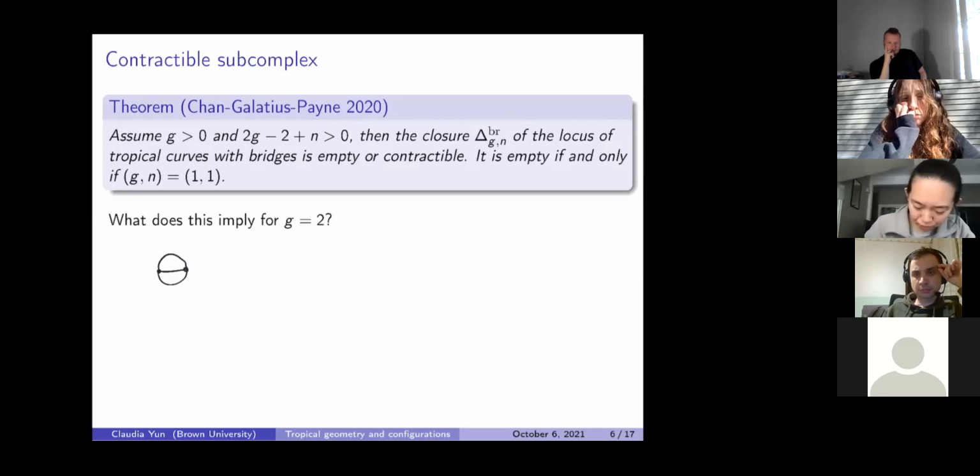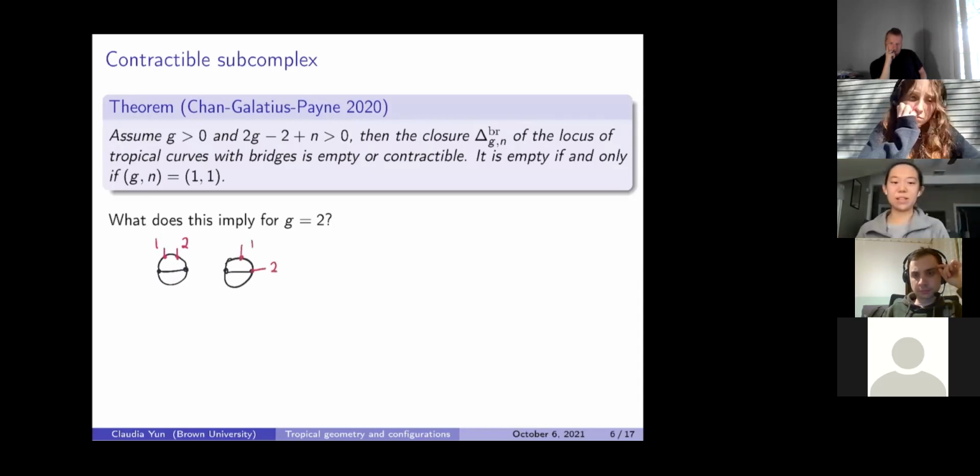For example, we might have a combinatorial type looking like that, or another one looking like this. And these rays are the marked points that we didn't see before. If we squint our eyes, these almost look like configurations on the theta graph.